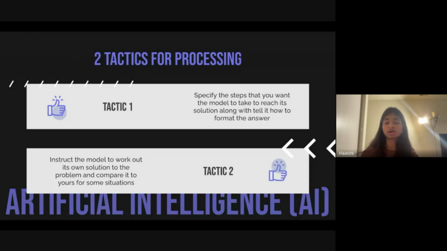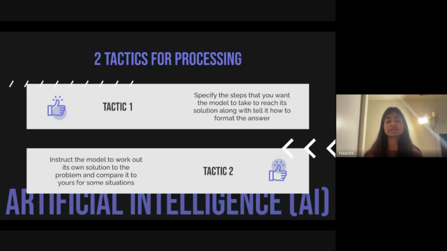And then also tactic 2, for kind of the same reason: instruct the model, for example, if you have a question and you thought of an answer to that question, you basically wrote it out on your own, and you're like, okay, I think this is the right answer, but I'm not completely sure, so I'm going to have AI check it.